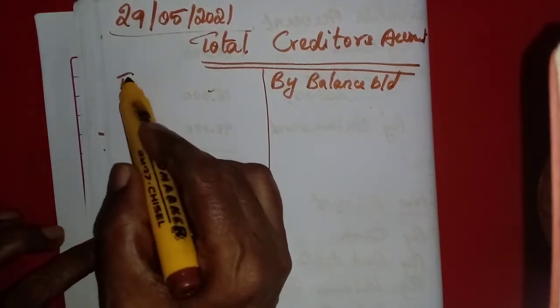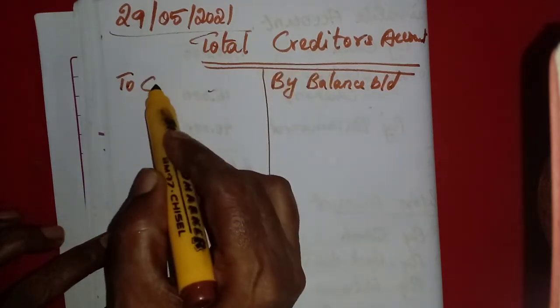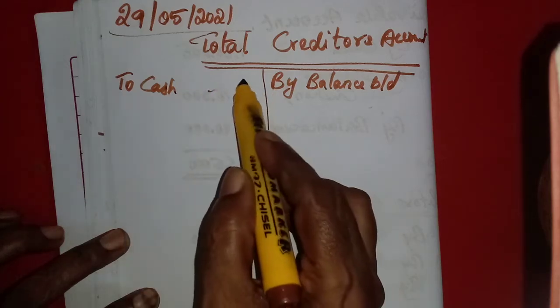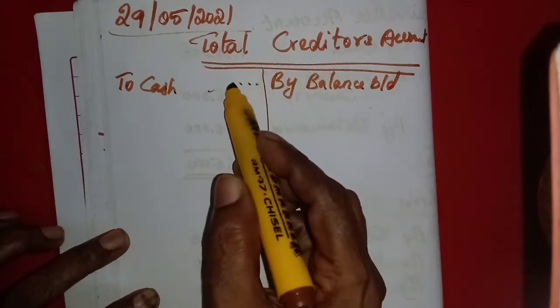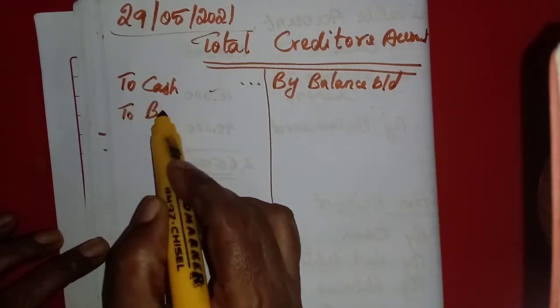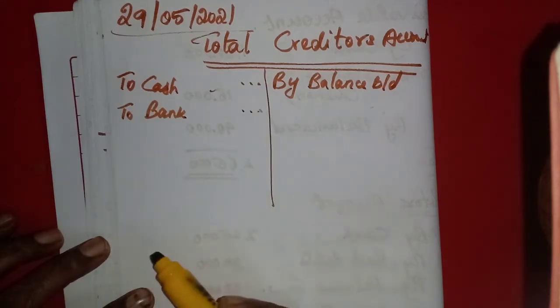If we pay cash to the creditors, what is the entry? Creditors account debit to cash. Then if we pay by cheque, creditors account debit to bank.